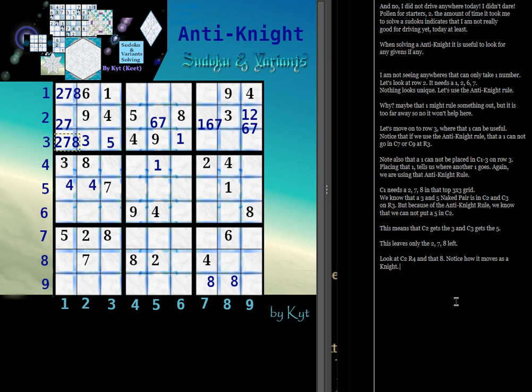That 8 bans another 8 from being put in column 4 on row 4 and row 5.